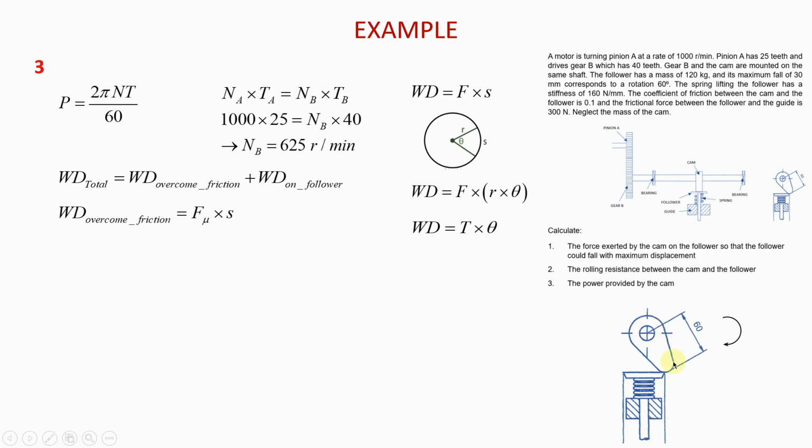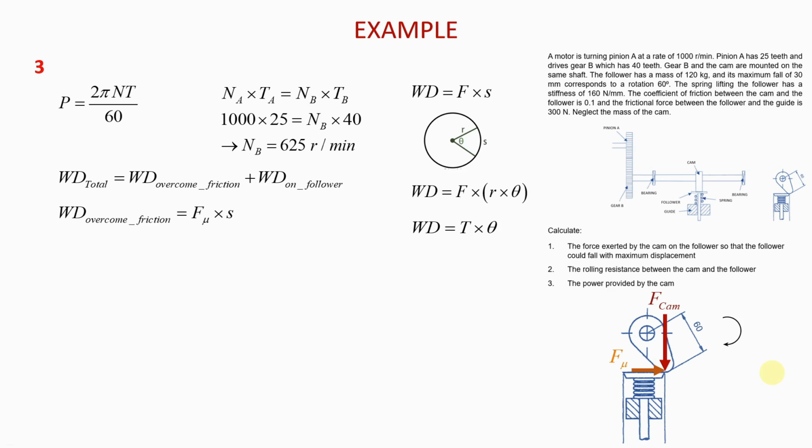If it is rotating clockwise like that, imagine the forces that are acting here. First we have the force from the cam. This is the force that pushes the follower down. But because the cam is rotating clockwise, you can expect the friction force to act to the right, because the friction that will oppose its motion will be to the right.